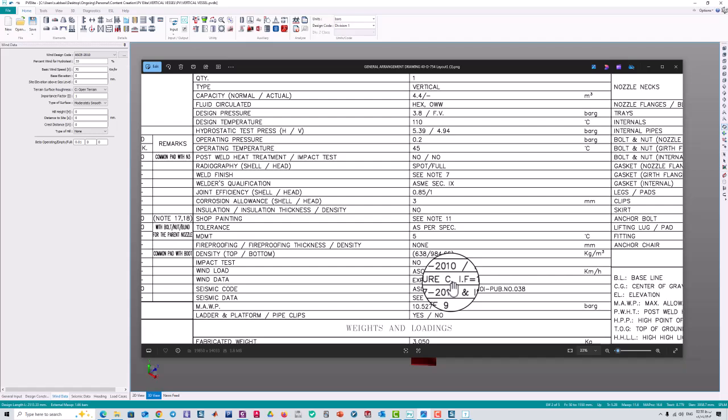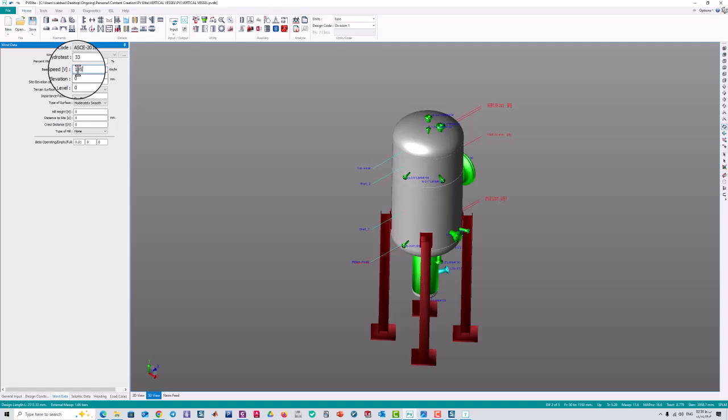And the exposure is C, and importance factor is 1. And the wind speed is 195.